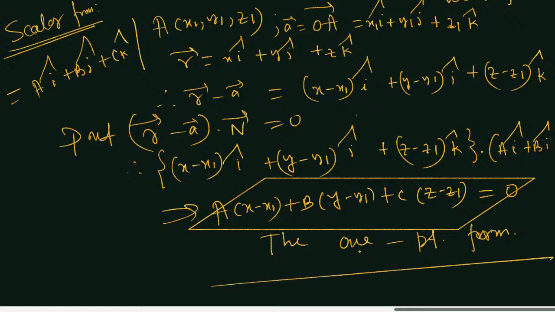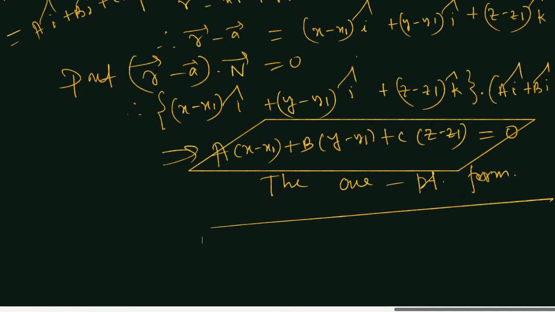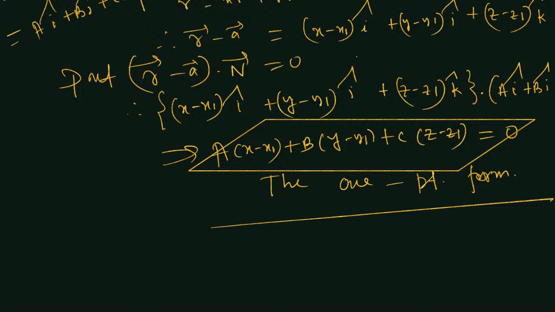The one point form of a straight line you have studied. This is the one point form of a plane. The vector form is r minus a dot n equal to 0. The scalar form is this. Just remember this. Okay. Let me write one sum here.